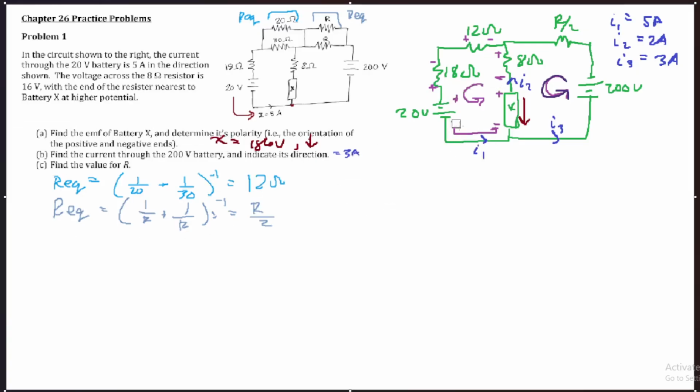Actually, maybe we need it. You know what? I'll leave it here, but mainly we're just focusing on this side. I'm going to just redraw it real quick. So we have our 8 ohm resistor, and then it's flowing this way. So it's going this way.